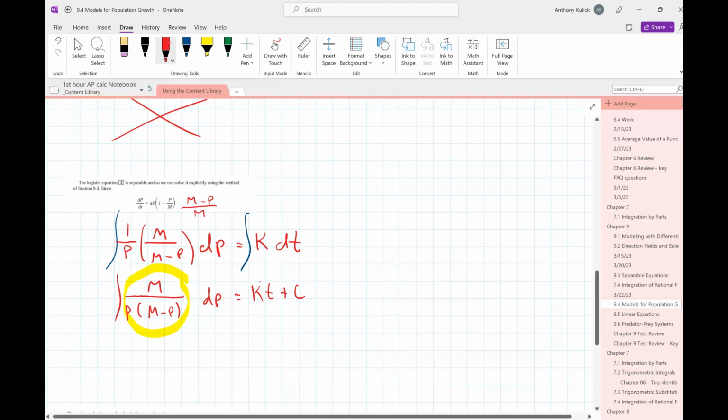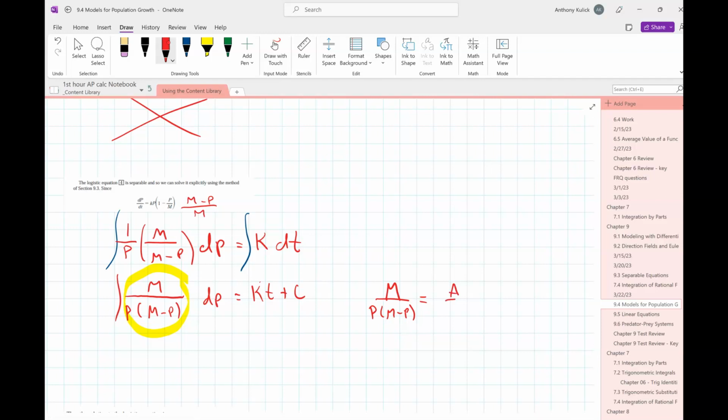So just doing this on the other side, m over p times m minus p has to equal a over p plus b over m minus p. So I clear my fractions and distribute my a through.